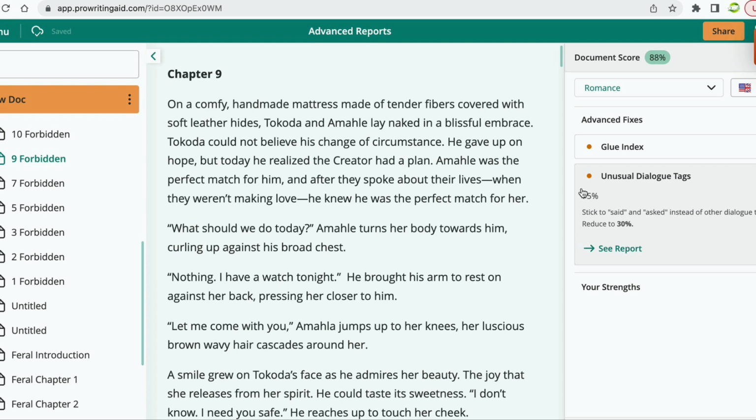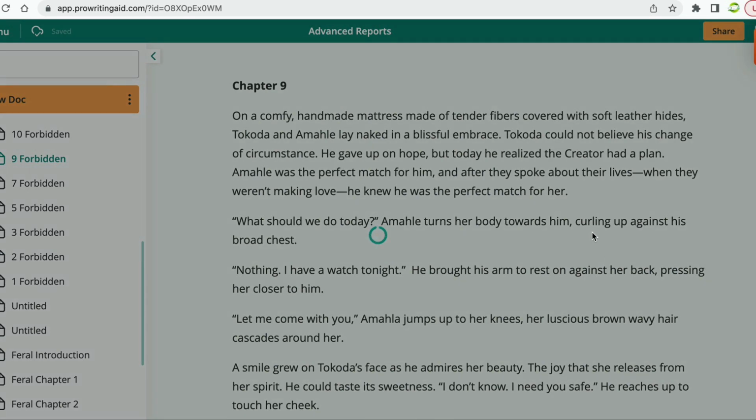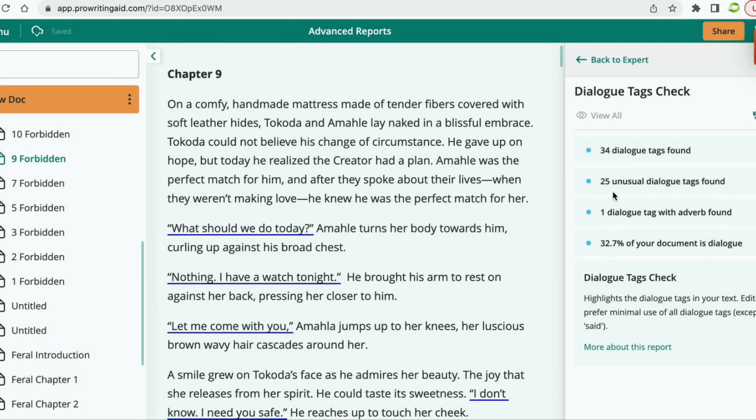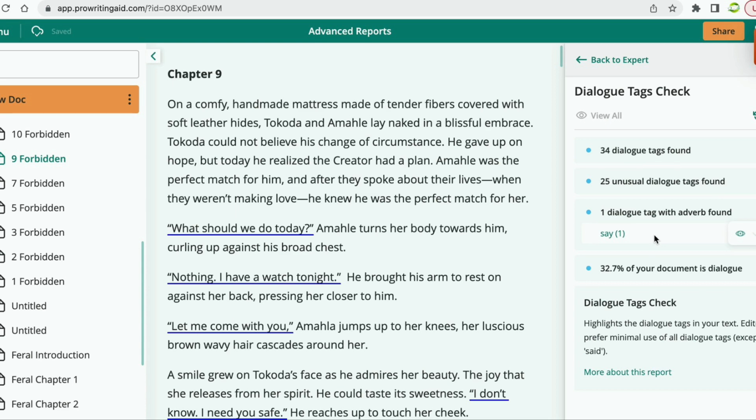But right now I'm not that far off. This should be 100% when this is good, and it's at 75. So I could just focus on the unusual dialogue tags, or probably focus more on the usual ones. So let's see what this one is.